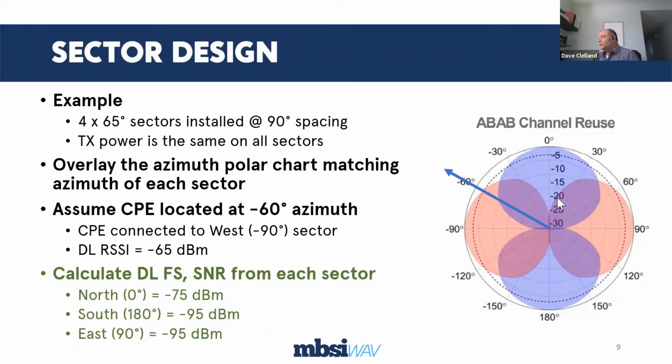If I do a link budget from the north sector, taking this azimuth into account, I would then be able to reconcile this RSSI value that I'm seeing at the CPE compared to what I would expect to see on the sector that I really wanted to connect to.